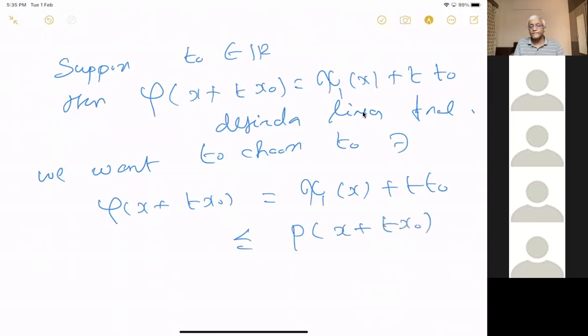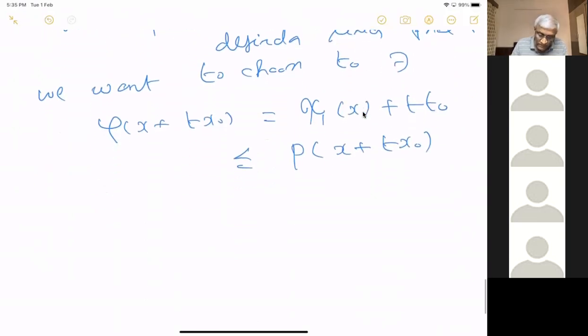That is what we want, right? This is what we want to prove. So what does this mean for t? Suppose this is what we want.